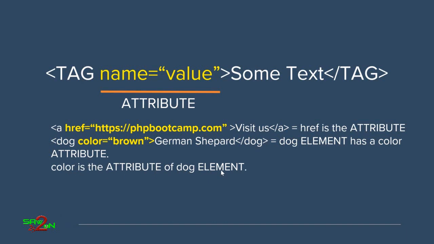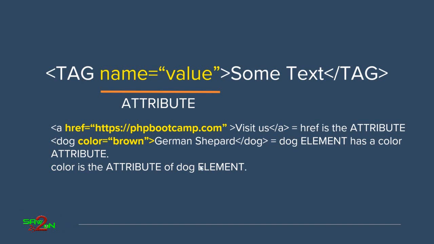That's how you basically read it. I'm trying to tell you how to read these attributes. And href is basically an attribute of the anchor tag. The a tag is also called the anchor tag. And you can also say color is the attribute of the dog element. So this is how you read an attribute.